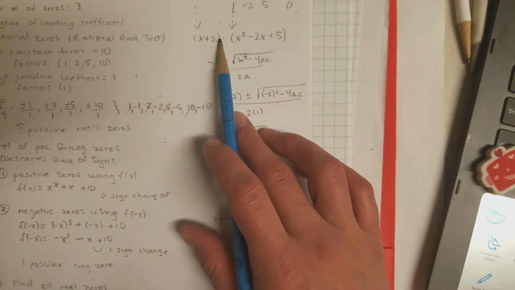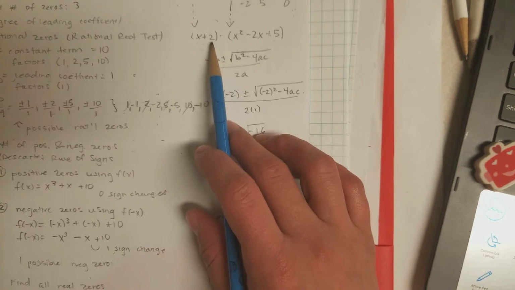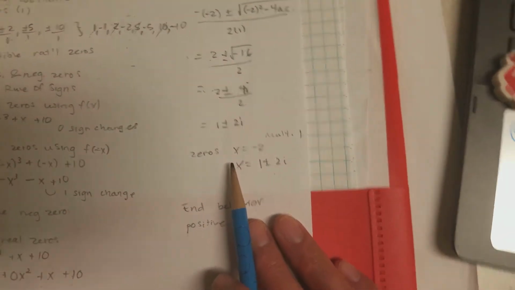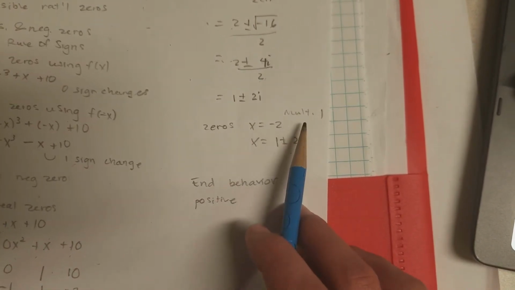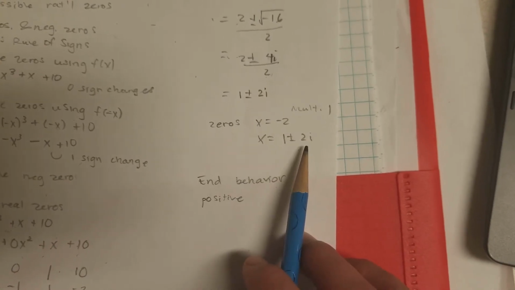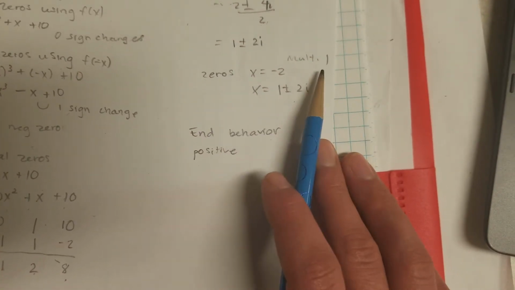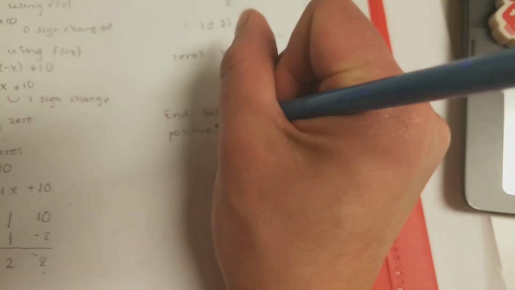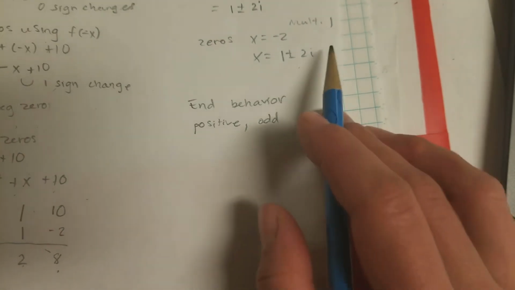This one does, and it factors out to one thing, so we only have one factor that we're worried about. This one has a multiplicity of 1, and the imaginary ones can't even be graphed. So we're going to add the multiplicity. We've only got 1. That means it's odd: 1, 3, 5, anything like that.